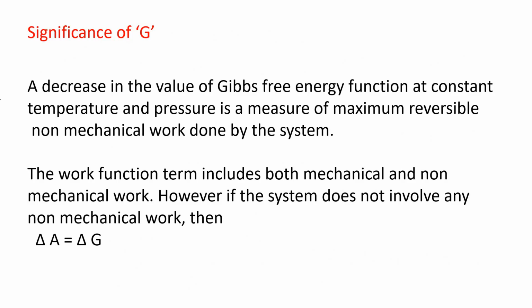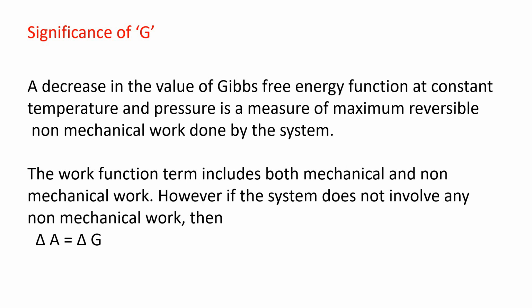Right? So the significance of G, what we have observed from the derivation: a decrease in the value of the Gibbs free energy function at constant temperature and pressure is a measure of the maximum reversible non-mechanical work done by the system. Right?